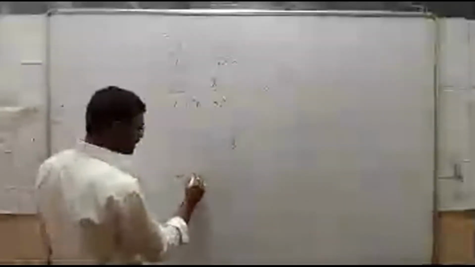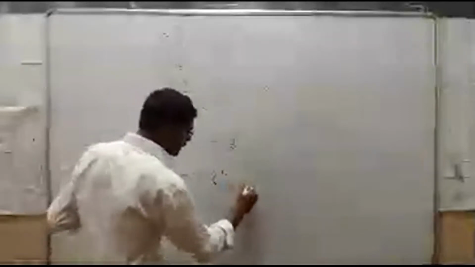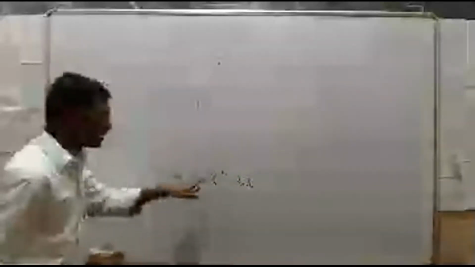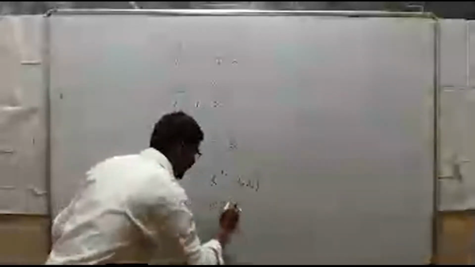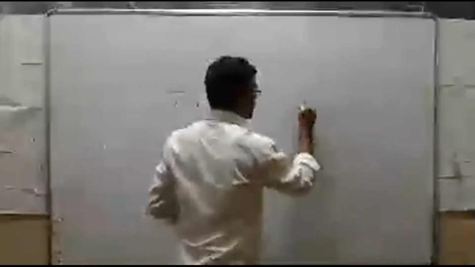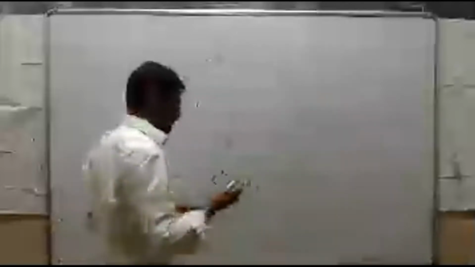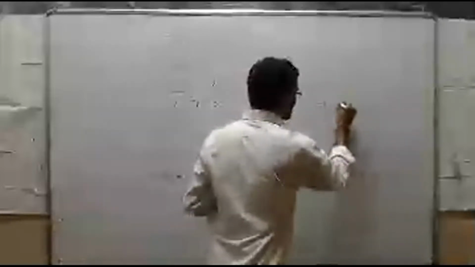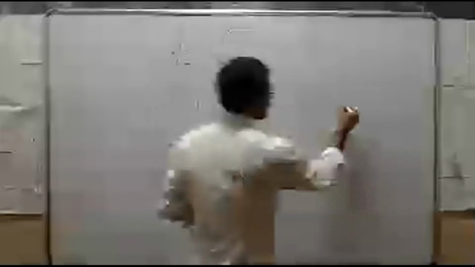Minus 2 as it is is equal to 3 into x square minus 2x. Therefore 3x square, minus into minus plus, into minus, minus 3 into 2x is 6x. So 3x square as it is, minus 6x as it is, then minus 2 becomes plus 2 is equal to 0.